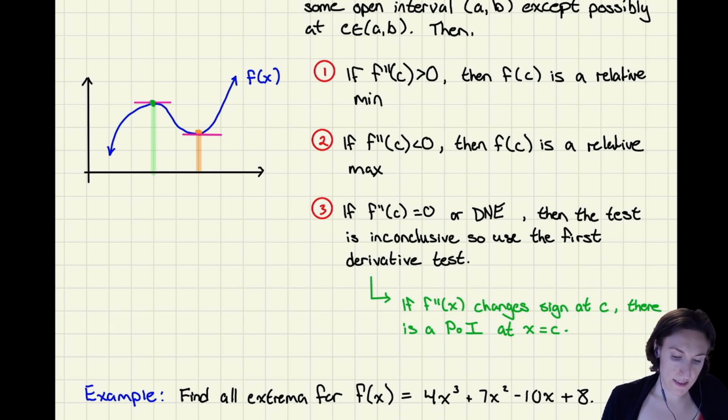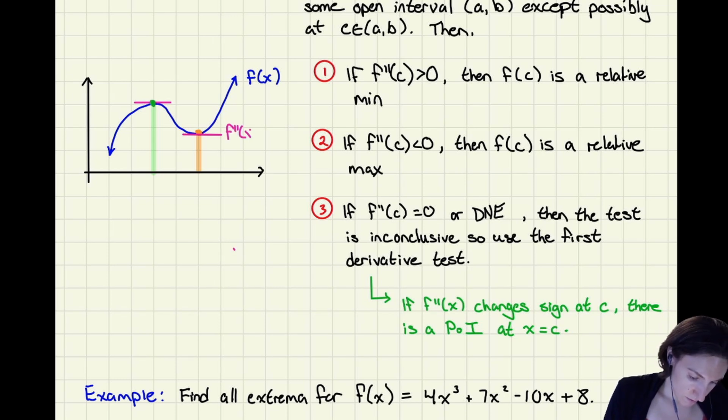Okay, so with this little picture here to help build up some intuition. These are the spots where our second derivative is greater than 0. This is the spot at this peak here, f double prime of x is less than 0.